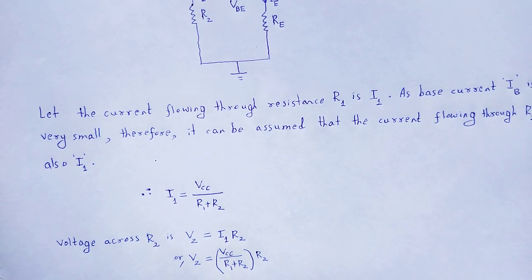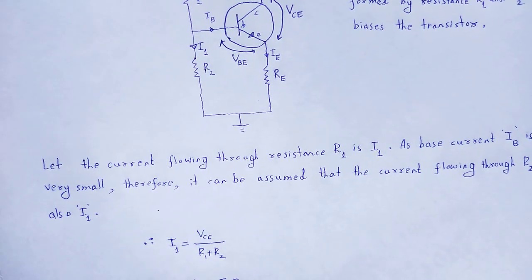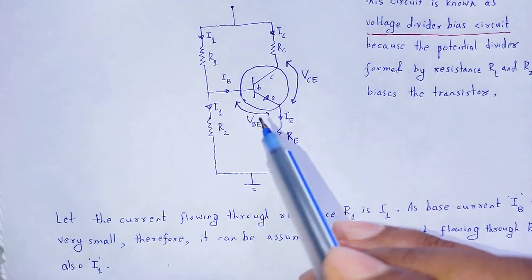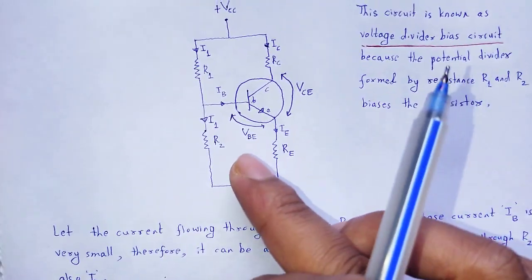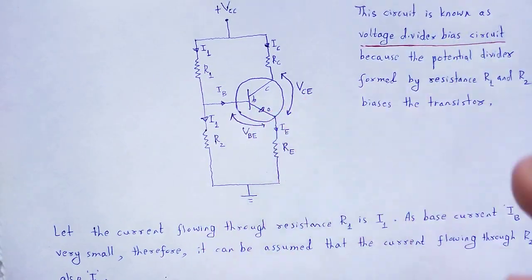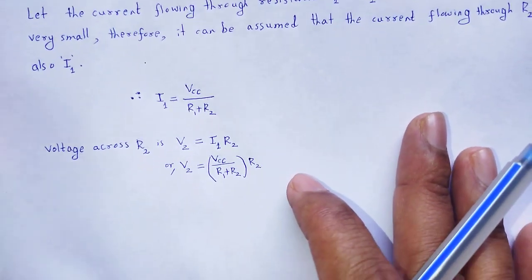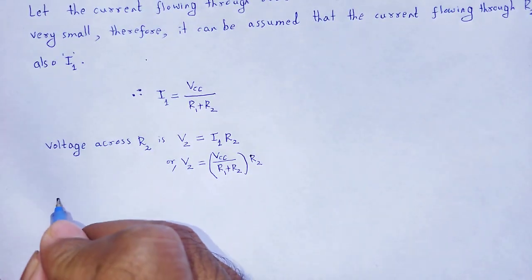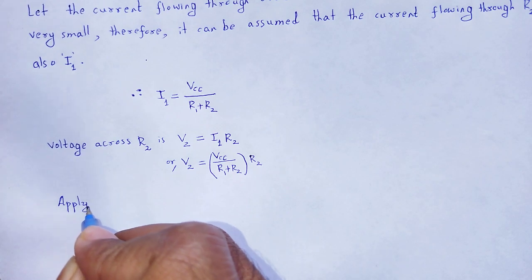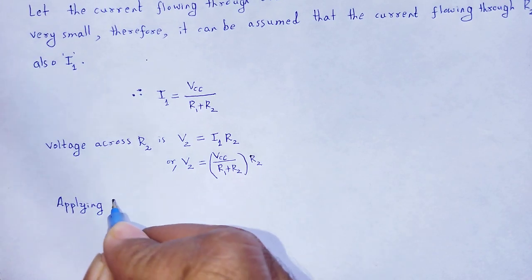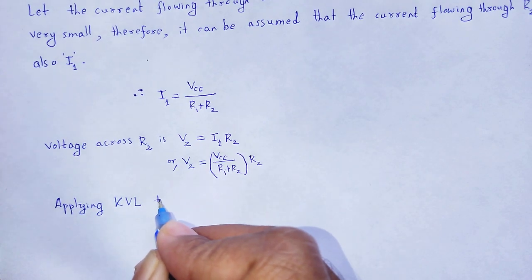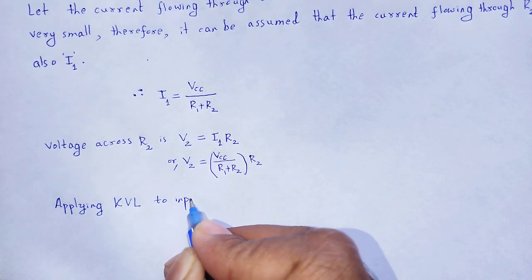Now, to get IC, we have to apply Kirchhoff's voltage law on that of input junction. Input junction is the emitter base junction. Applying KVL, Kirchhoff's voltage law to input junction.